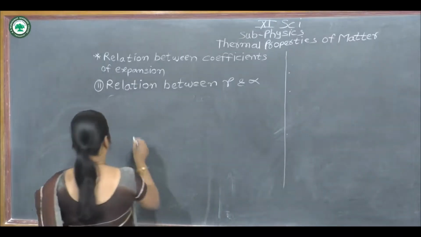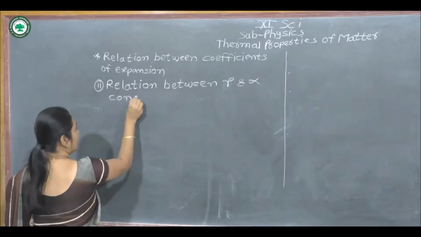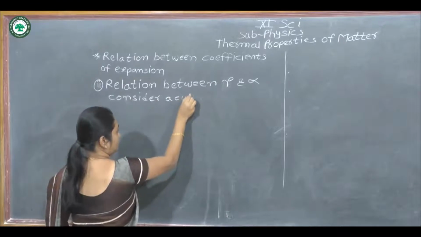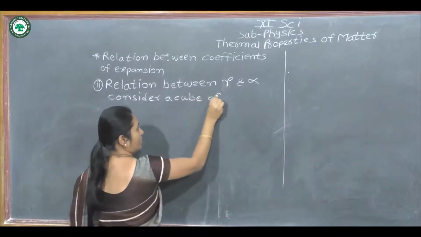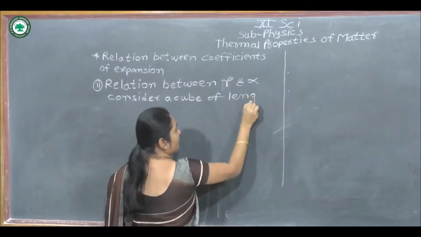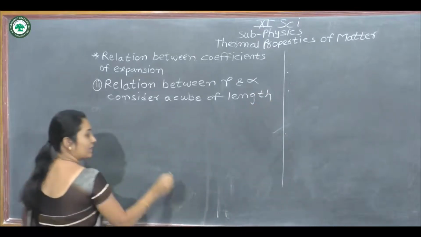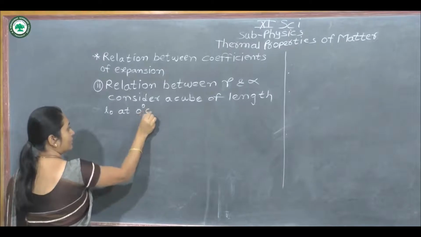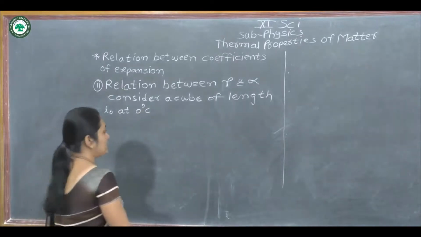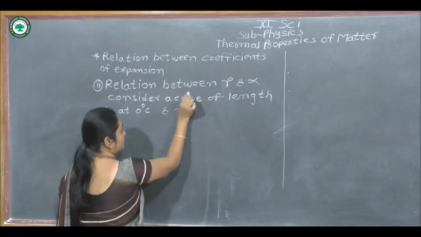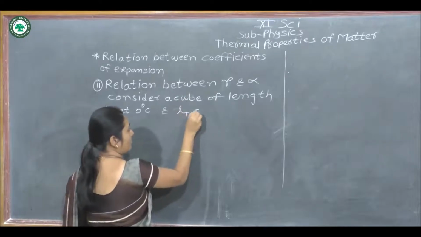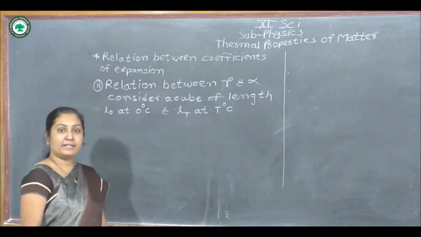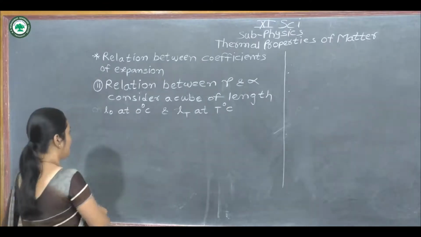Consider a cube of length L0 at 0 degrees Celsius and LT at T degrees Celsius.